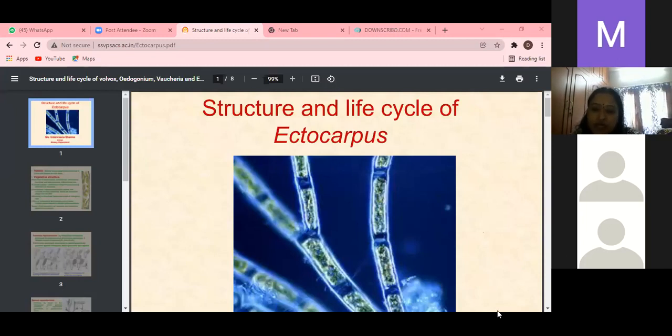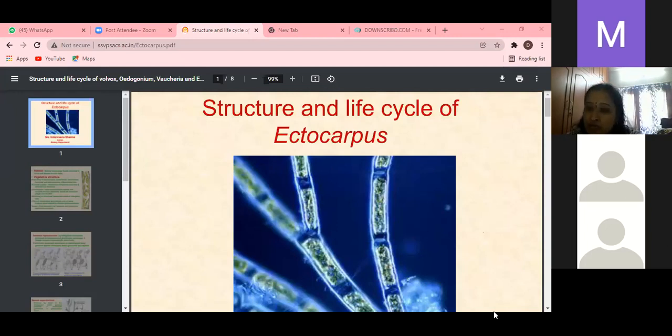What type of carotene? Beta carotene, and an excess of fucoxanthin is also present. That is why the thallus color is brown. Chlorophyll a, chlorophyll c, beta carotene and fucoxanthin are all the pigments found. That is why the algal color is brown, hence brown algae. This is the pigment system.